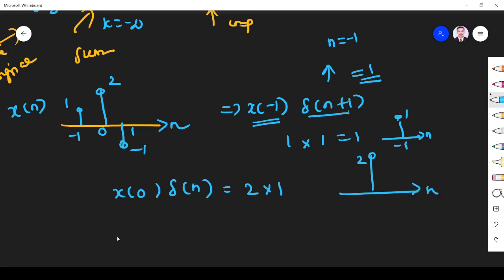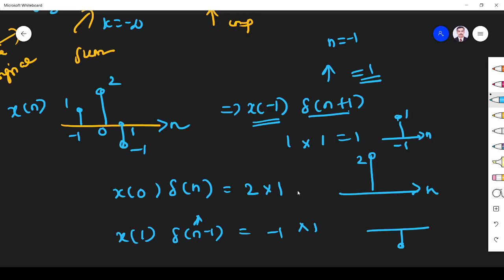This one I can write as x of 1 into del of n minus 1, because it is at n equal to 1. Del of n minus 1 exists only at n equal to plus 1, where the value is 1. x of 1 is minus 1, so this will be minus 1.